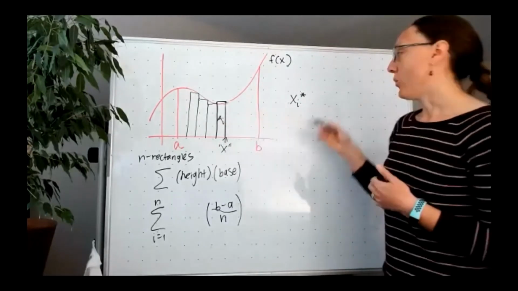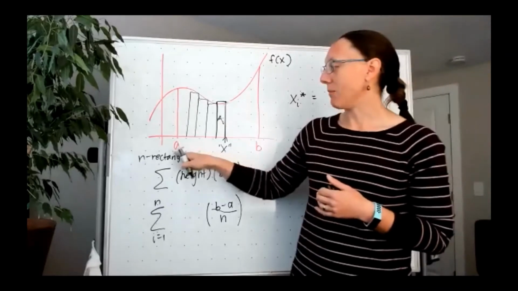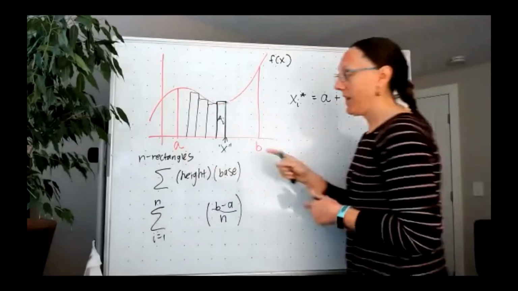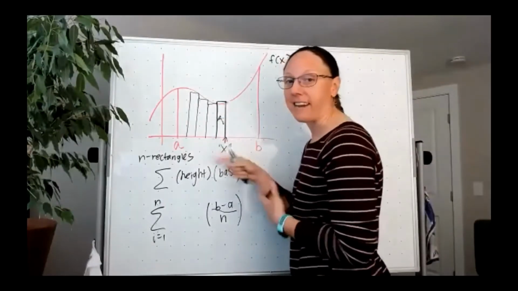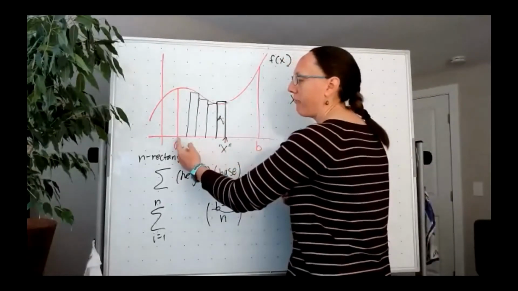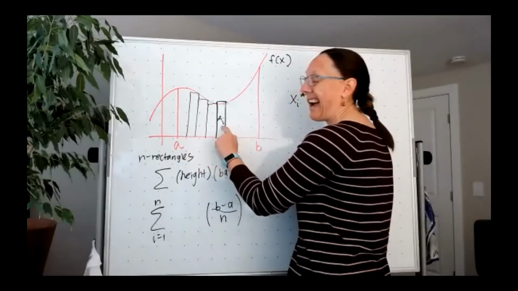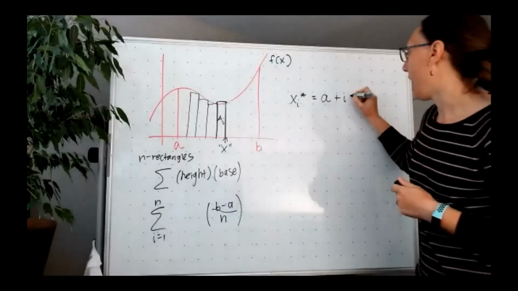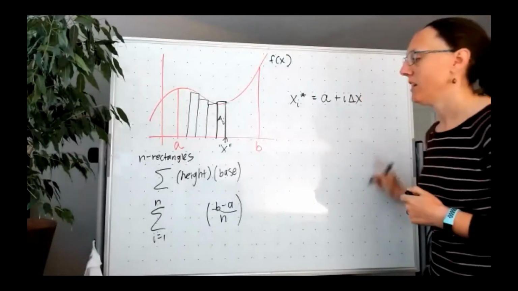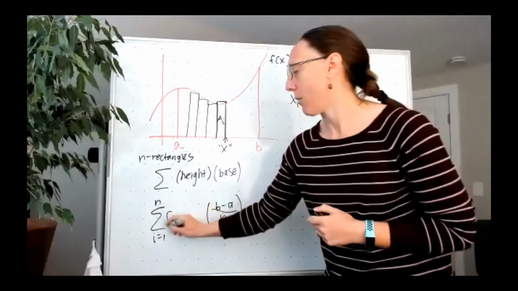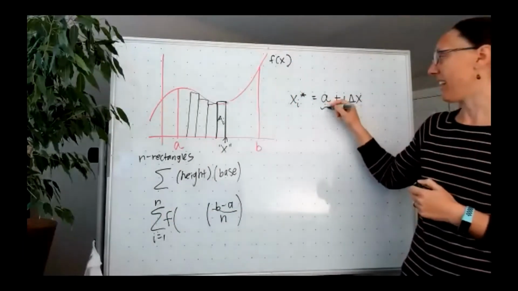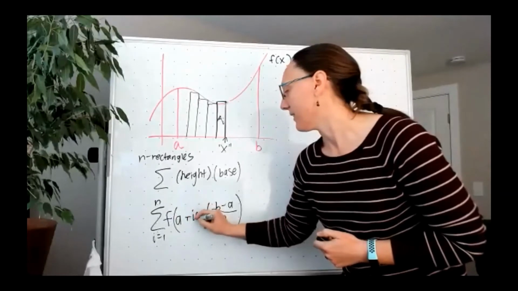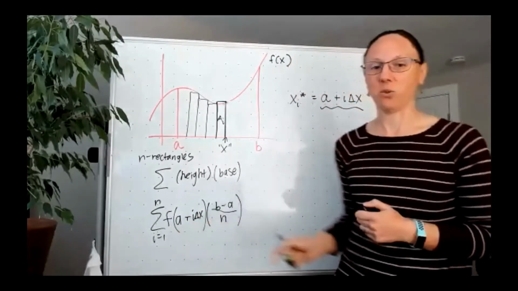That x value comes from starting at a, and by the time I get to the right-hand side of my ith rectangle, I have moved over i copies of that delta x width, or i delta x. So in terms of my height, that's coming from plugging a plus i delta x into the function.